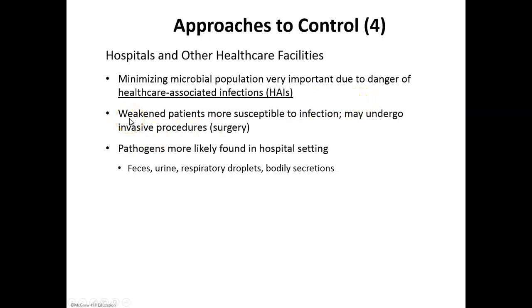A nosocomial or healthcare associated infection is one that is caused in patients who have immune systems that are weakened due to either a sickness or a surgery. And so now they're more prone to microbes that might not cause disease normally. But in this new prone state, they're going to become ill. And this is found in a hospital setting.